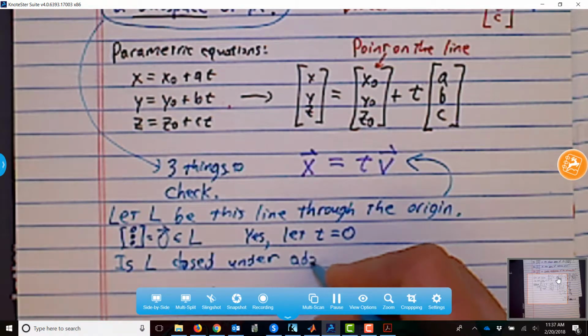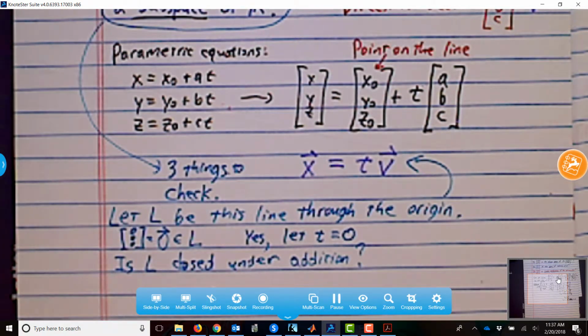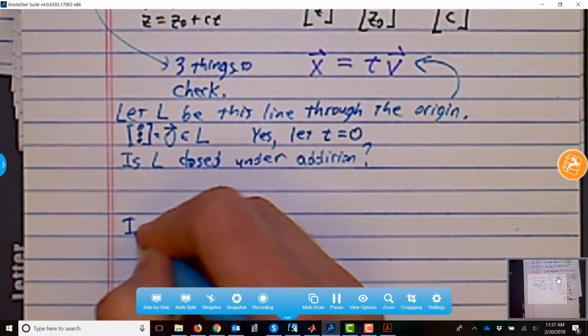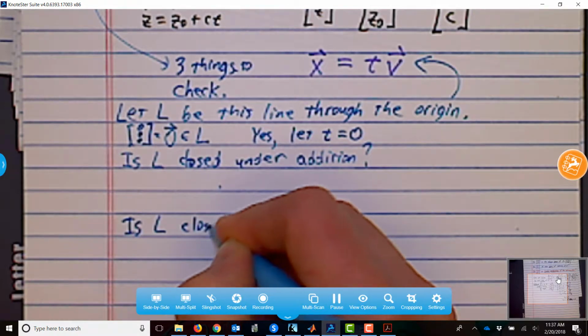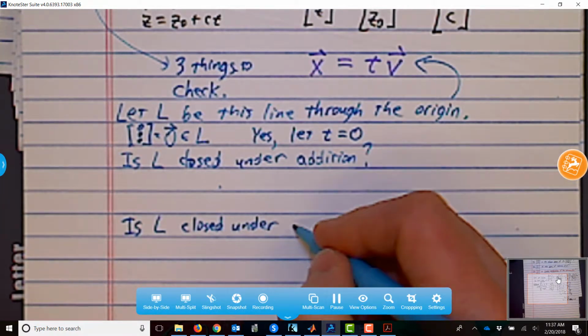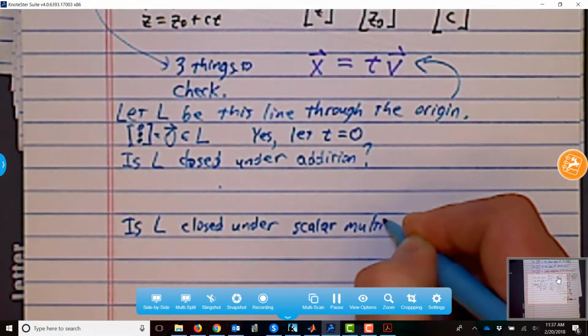Addition, yep. That's the next thing. And then what's the last thing you need to check? Is L closed under what? Scalar multiplication. That's the question.